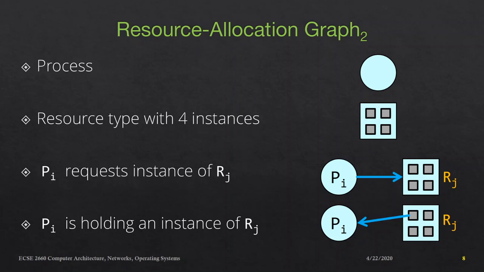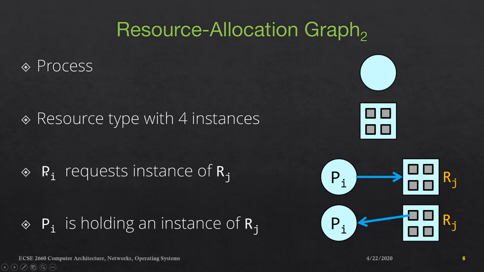It is a node or a vertex, but over here we are showing this as 4 instances of a certain resource type. So the 4 instances are indicated by the 4 gray boxes inside the big square. Now in certain textbooks you might find them to be circles. It doesn't really matter. We are just using gray boxes to represent instances of a resource type. So over here we have 4 instances of a particular resource type. This is also a resource vertex.